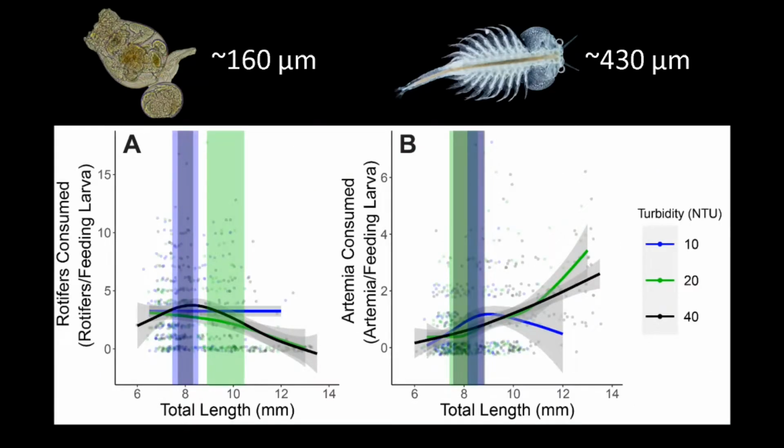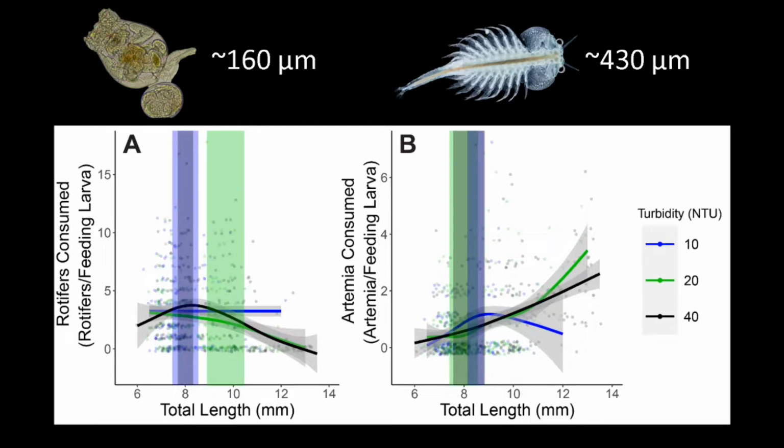Another major result here was what these fish seem to prefer to eat as they grow. So here on the left, we have the number of rotifers consumed for every feeding larvae over the length of the larvae. And these solid lines indicate the smooth regression of how many rotifers were being eaten as the fish grew.